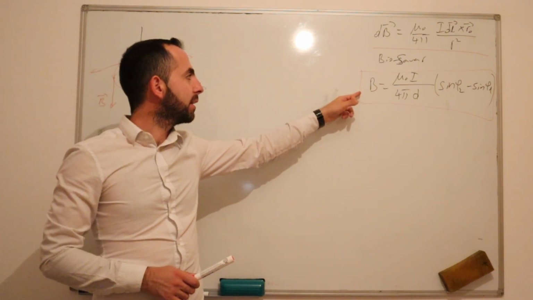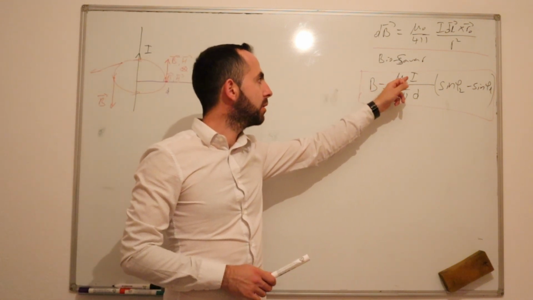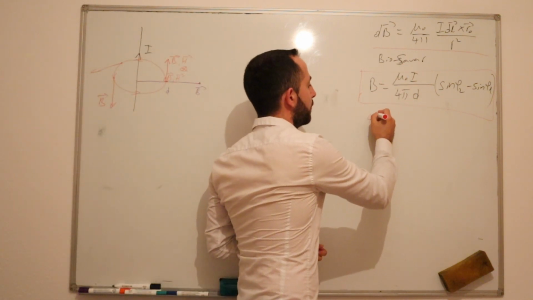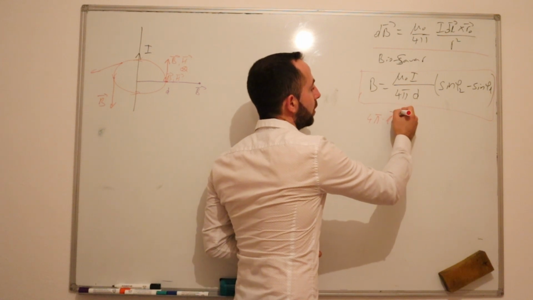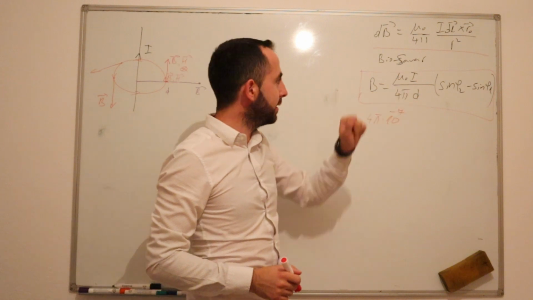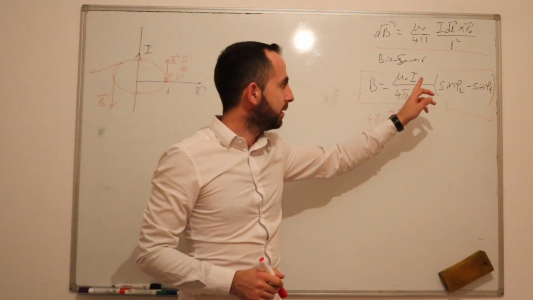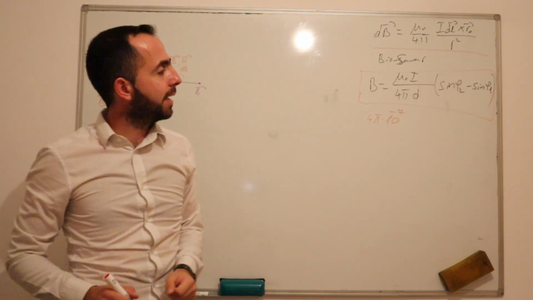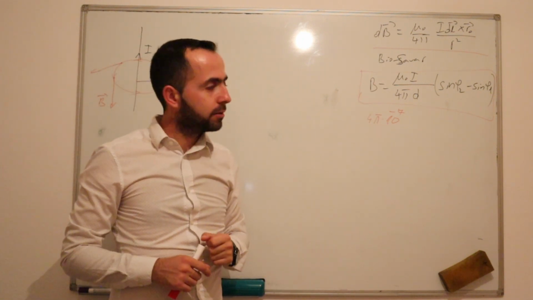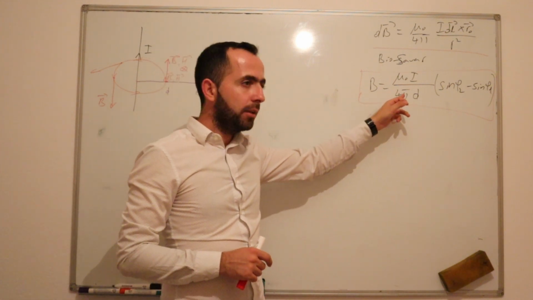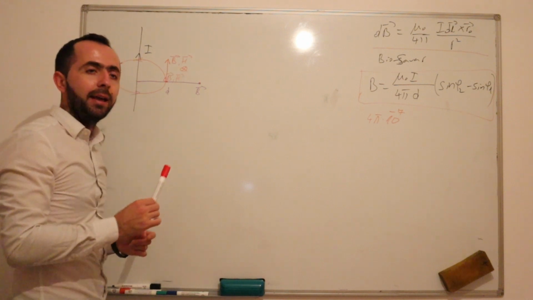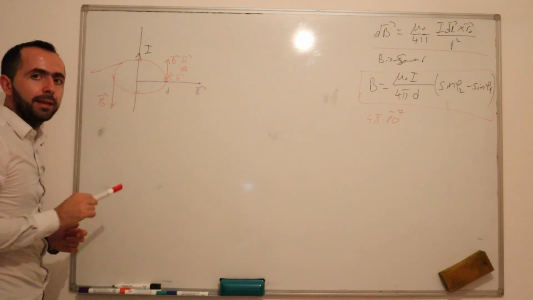Magnetic flux density is equal to μ0, which is a constant for air, and it is 4π times 10 to the power of -7, times the current, times sine phi2 minus sine phi1. We will see what these angles are and how we determine them, divided by 4π times d, where d is the distance from the conductor.